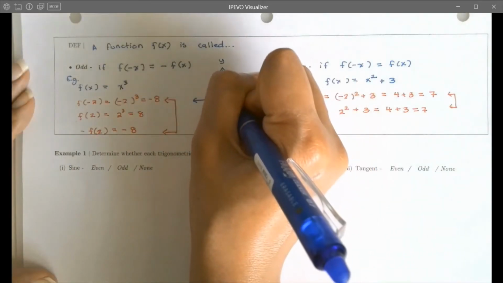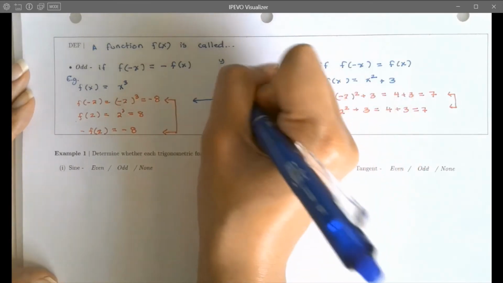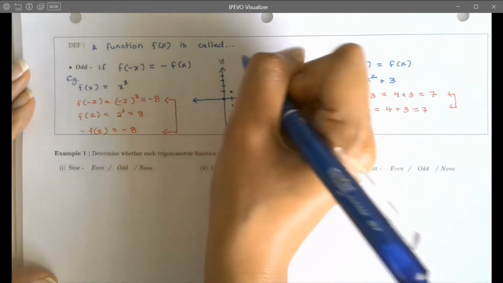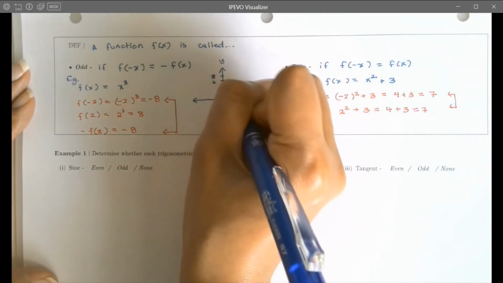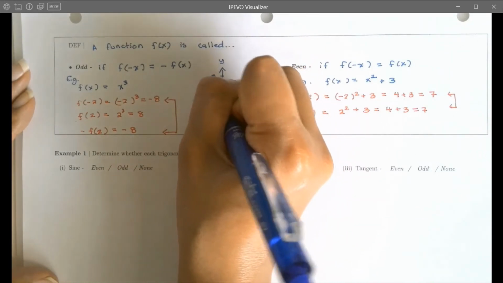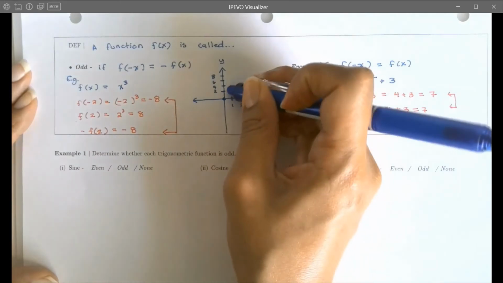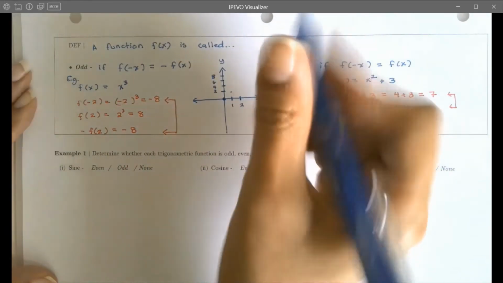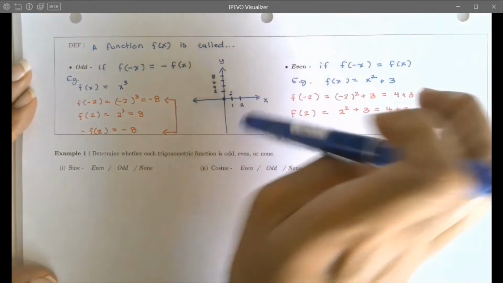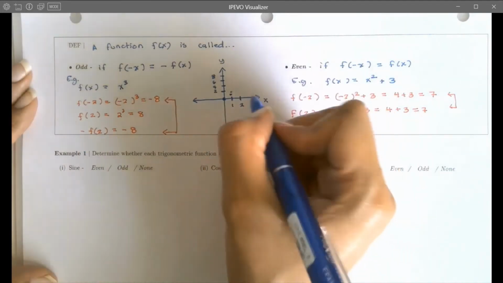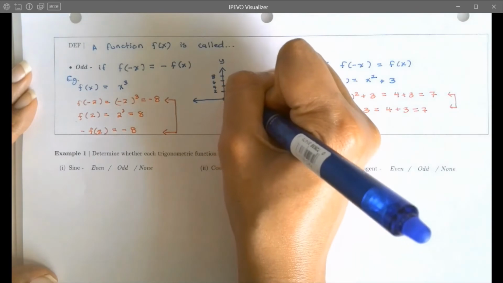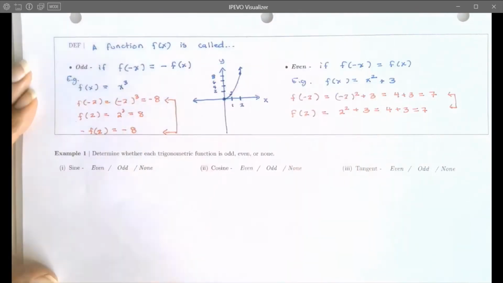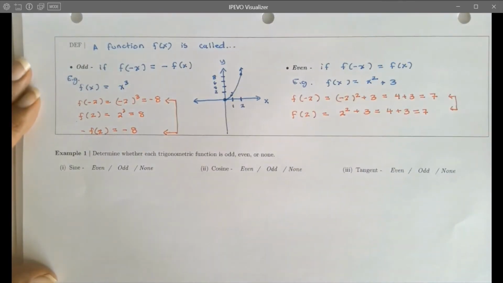So I don't know if it's going to fit, but we're going to try our best. Let's just make that go in intervals of 2 so that it fits. That just means I'm going to move this point a little lower so that it's 1, 1. Okay. Then I get a 2, comma 8. So I get something that looks like that. If you plug in a 3, you're going to get 27, so it's going to continue to curve upwards.